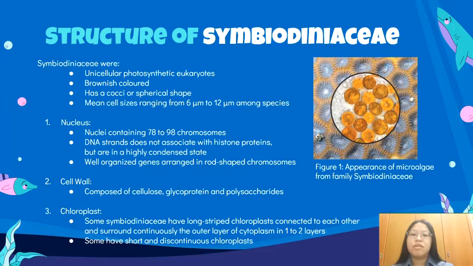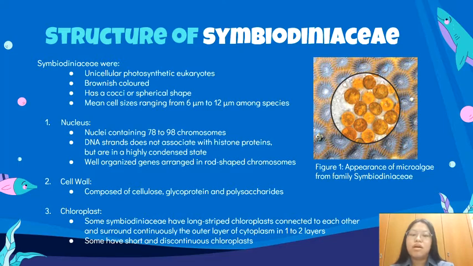Symbiodiniaceae are brownish-colored, unicellular photosynthetic eukaryotes. Most Symbiodiniaceae have a coccoid or spherical shape, with mean cell sizes ranging from 6 micrometers to 12 micrometers based on their length and width. Their cell nucleus contains approximately 78 to 98 highly condensed chromosomes, but the DNA strands do not associate with histone proteins.